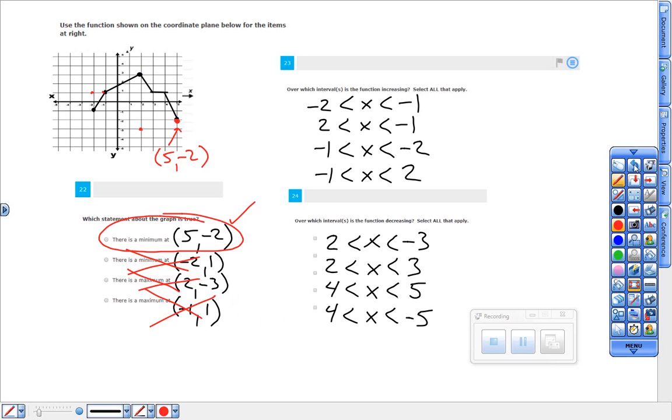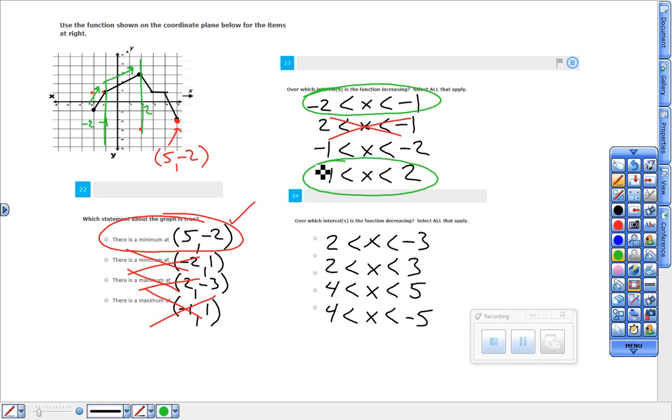All right, now where it's increasing, this little stretch right here, from -2 to -1, looks like it's going up from -2 to -1. Don't pick this one because it's got +2 in there. And then the other stretch goes from -1 to +2 on the x-axis. -1 to +2.